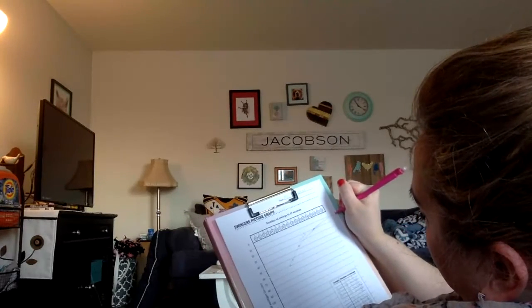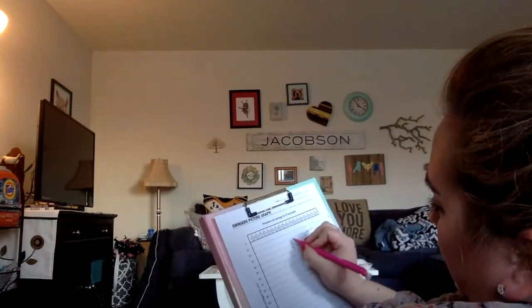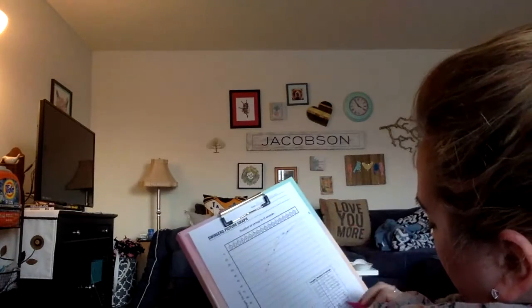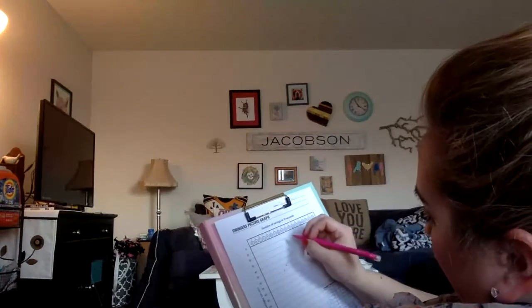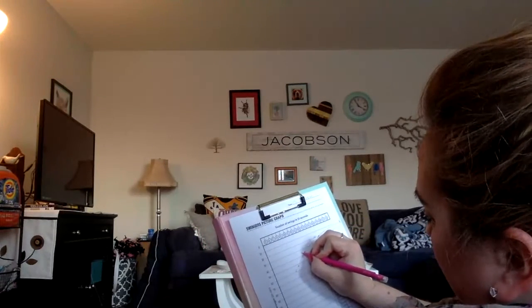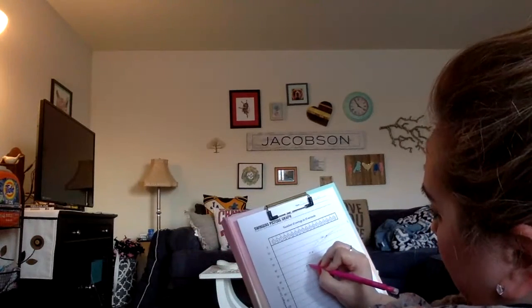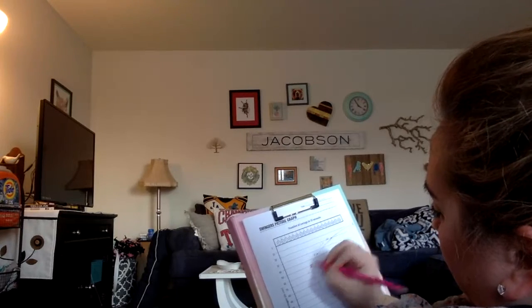So I'm just going to go right on top. 20 centimeters is 17 swings. 36 centimeters is 12 swings. And 52 centimeters is 10 swings. So I'll just go right above again.